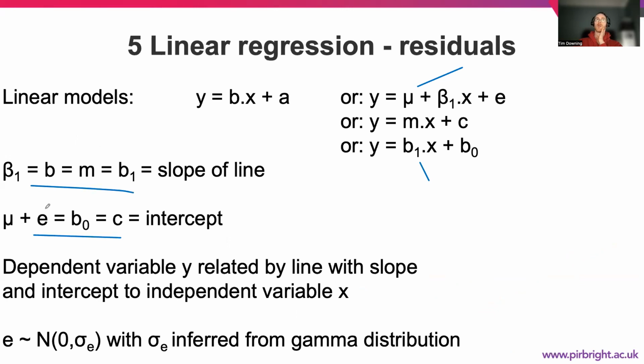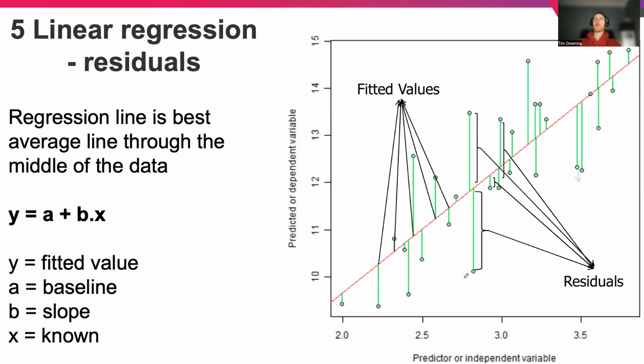Sometimes they're denoted as the error, and there might be some sort of mean value, depending on the setup of our model. We also assume that the errors are normally distributed with a mean of 0 and a predictable variance, and that can be inferred from a gamma distribution. So we're looking at the line of best fit, based on a particular model where we're inferring y from x.